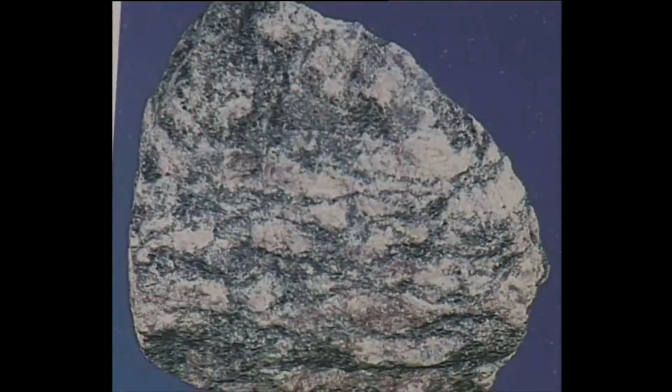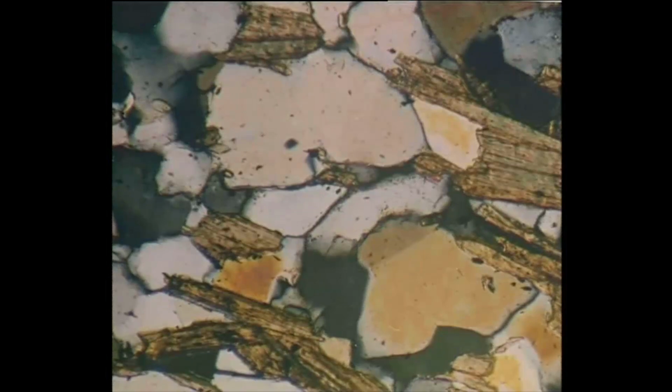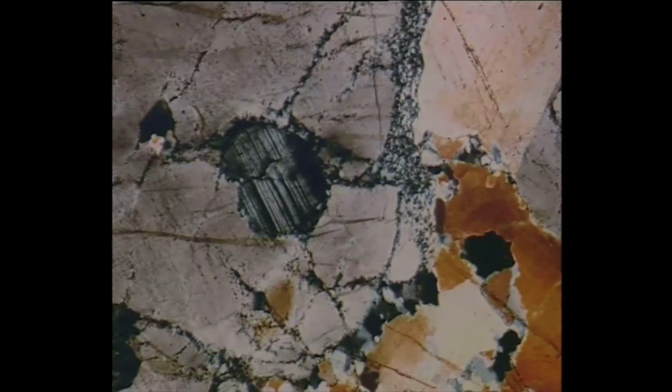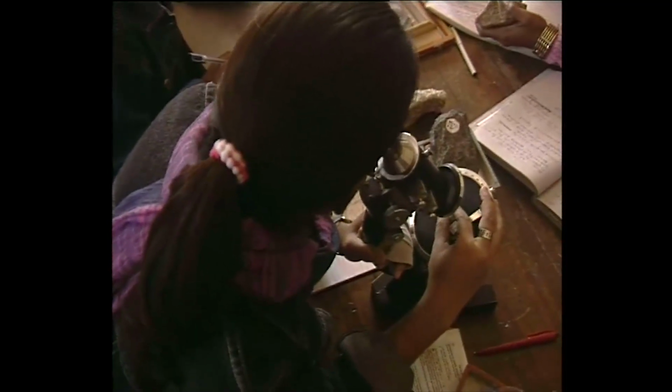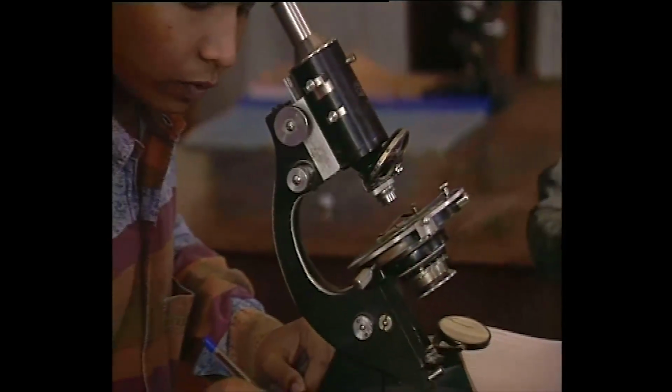What are the textures as well as the structures developed in metamorphic rocks? Let us see the textures. Texture is a very important part, because it gives how the rock is crystallized, what the grain size, crystallinity and granularity are, and any structures developed, minor folding, schistosity change.